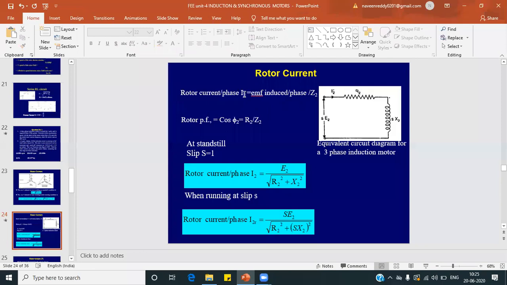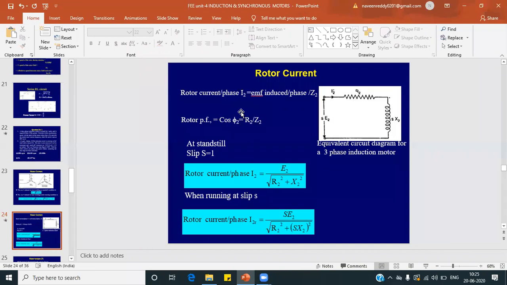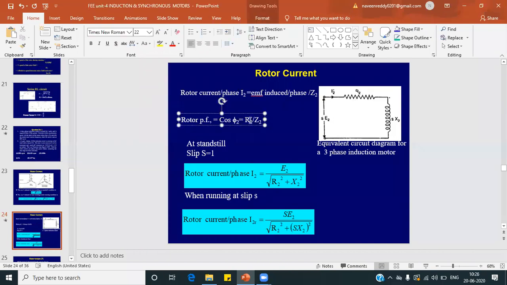The stator winding is denoted with subscript 1 and the rotor with 2. So the rotor current, that is the current flowing through one winding, is I2, the EMF induced is SE2, and Z2 is the impedance of the rotor winding per phase. And you know the rotor power factor cos phi is R by Z, as we saw previously from the phasor diagram, so that is R2 by Z2.